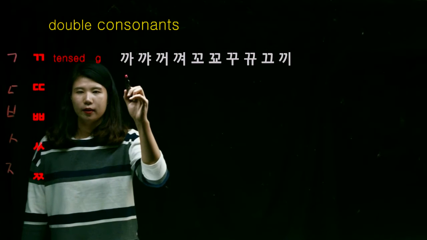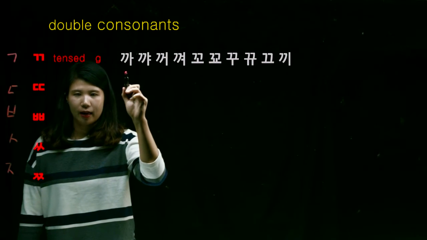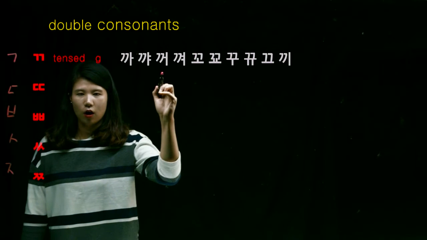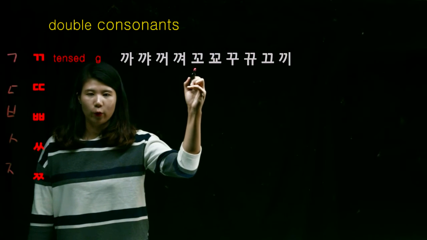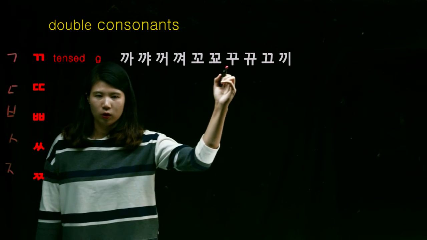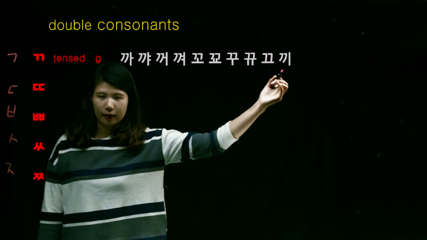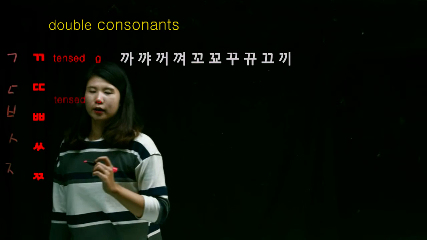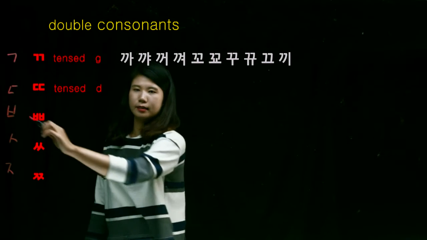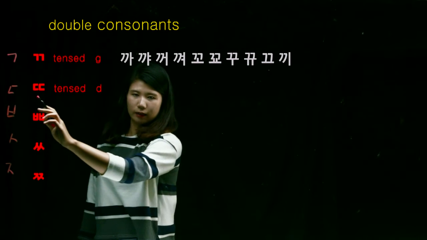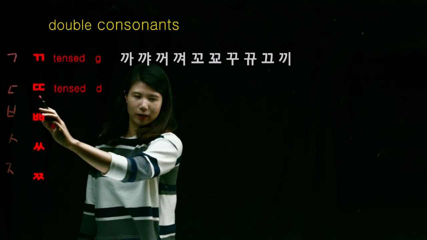So it will be 까, 꺄, 꺼, 껴, 꼬, 꾜, 꾸, 뀨, 끄, 끼. Okay, very good. Next one is d, and what would this be if it's tensed?